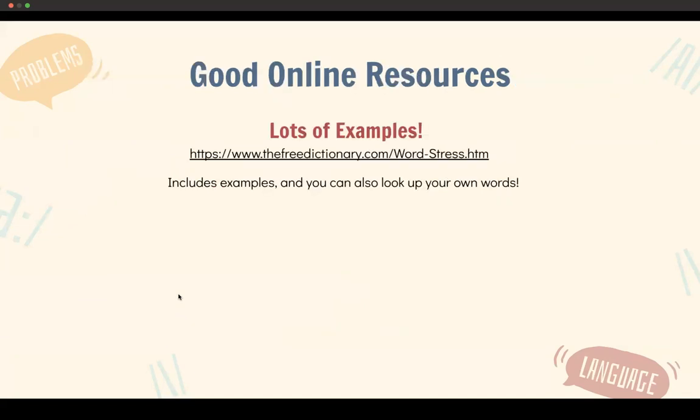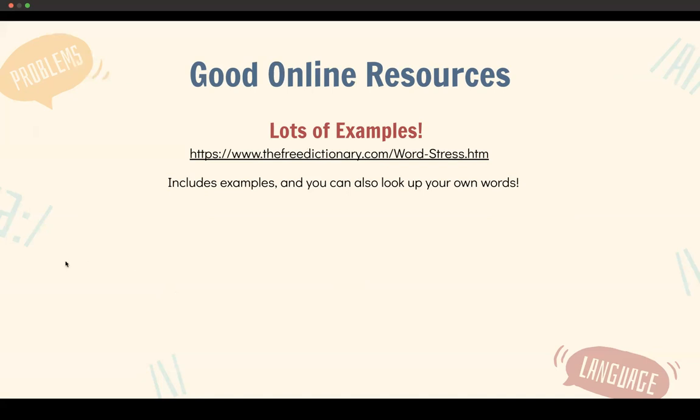Here is a good online resource. This is the free dictionary. The specific link will take you to a list with lots of pages filled with different examples of word stress, ones that are found on the first syllable, second syllable, words with primary and secondary word stress, multiple syllables. It is a very helpful website if you're looking to look into some more examples.